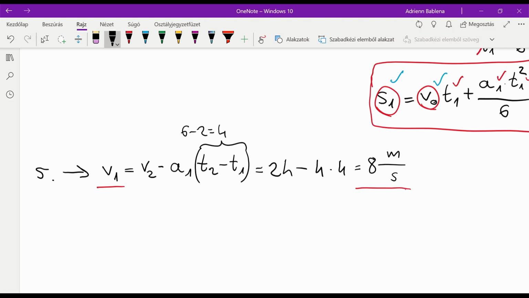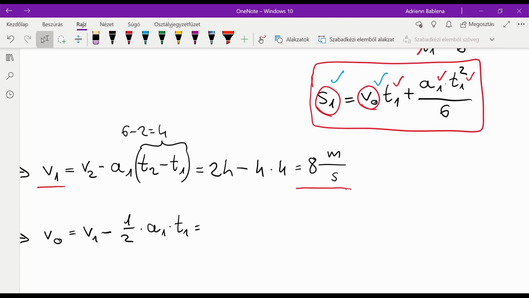Okay, in the second equation there were V0 and V1, the unknown parameters, and now we know V1, so we can use the second equation, and we can calculate V0, which was V1 minus 1 over 2 times A1 times T1.